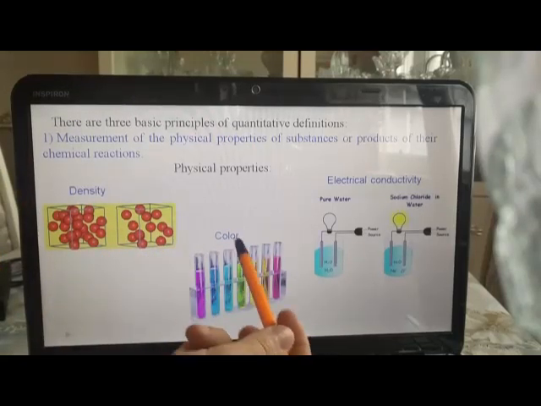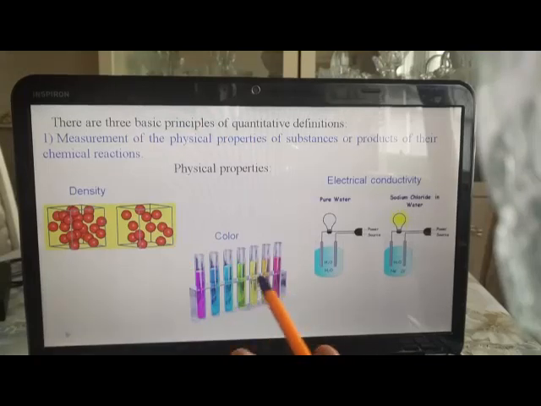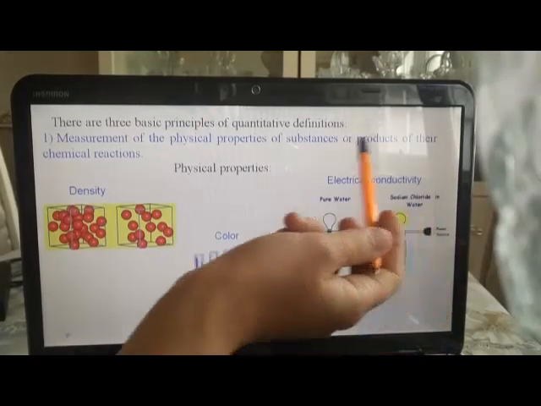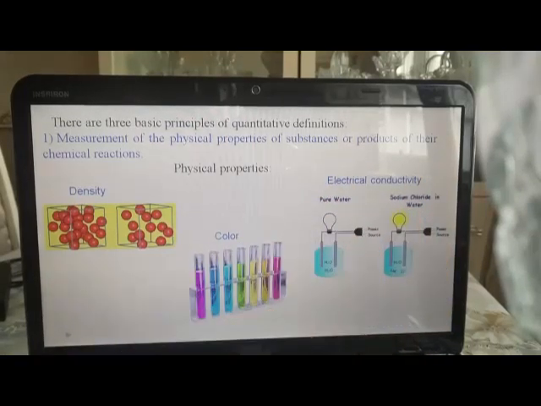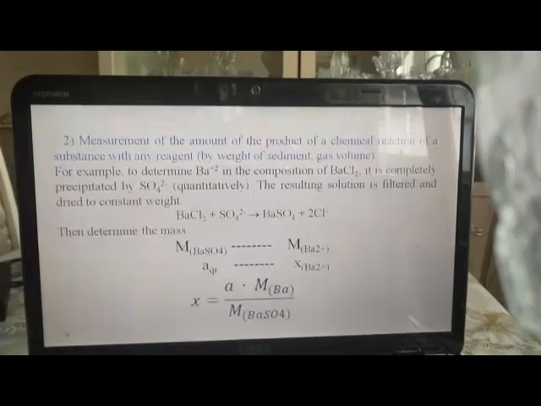Other physical properties are color, the different colors of the solutions, and electrical conductivity of the solutions, and others. The second is measurement of the amount of the product of the chemical reaction of the substance with any reagent by weight of sediment, gas, or volume, for example.